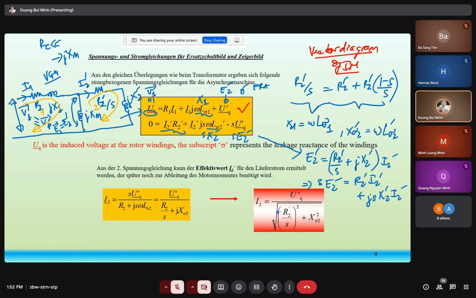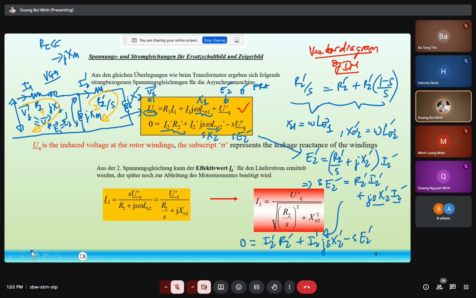Then we continue to modify to get this one, so we have 0 equals I2 over comma R2 over comma plus jS X2 over comma I2 over comma, and moving S E2 over comma from the left side to the right side, you get minus S E2 over comma.